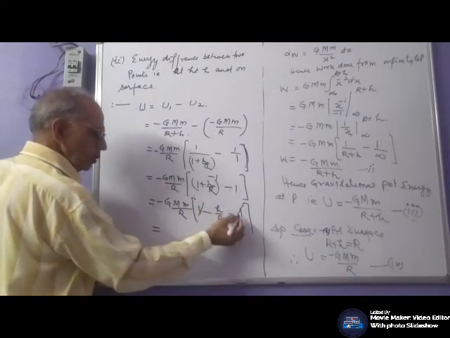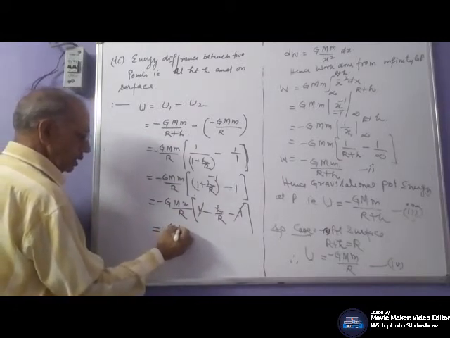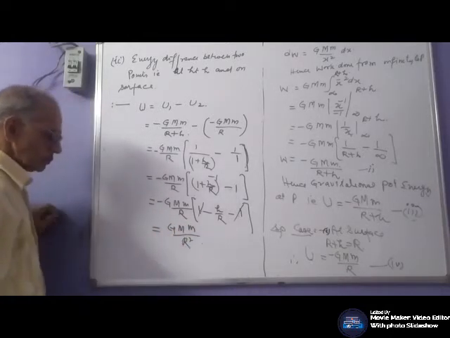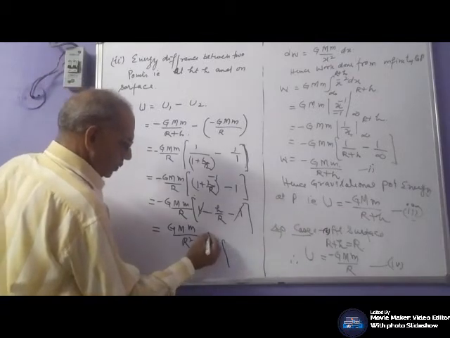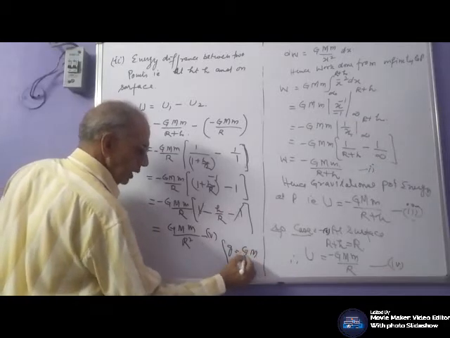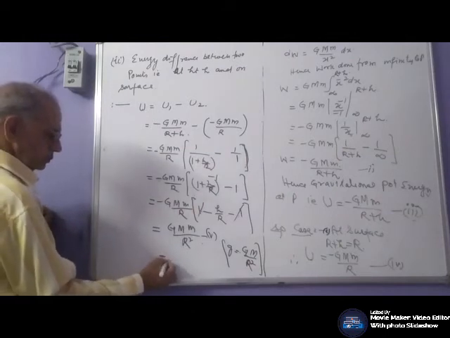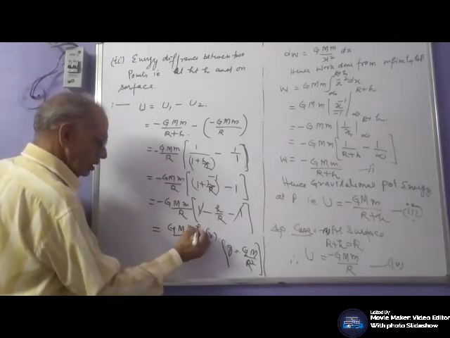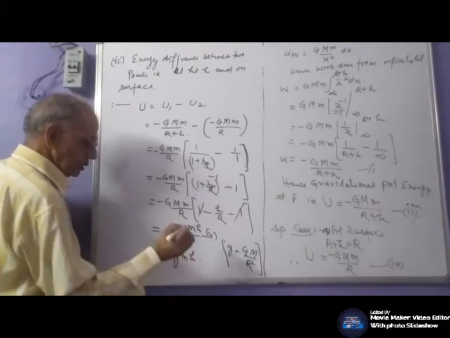Minus 1 with plus 1, so it comes out to be GMm h by R square. But g is what? GM by R square, g is acceleration due to gravity. So it comes out mgh.